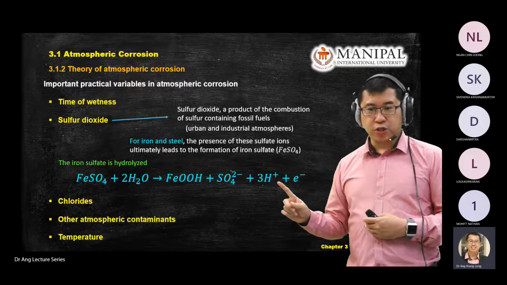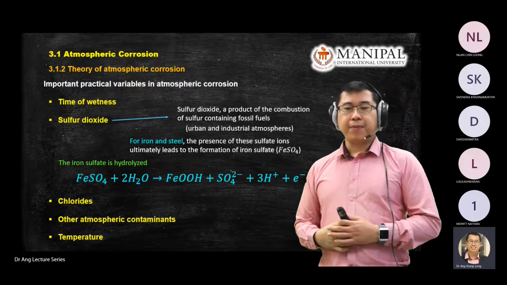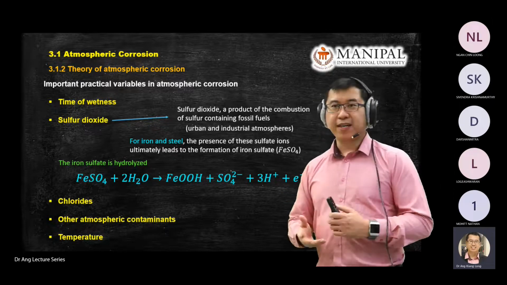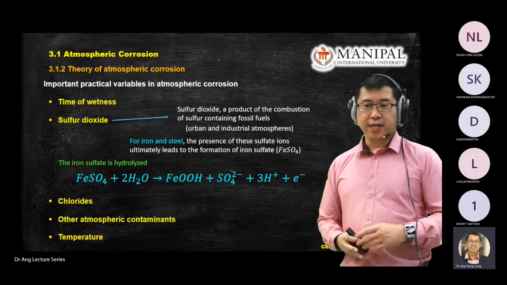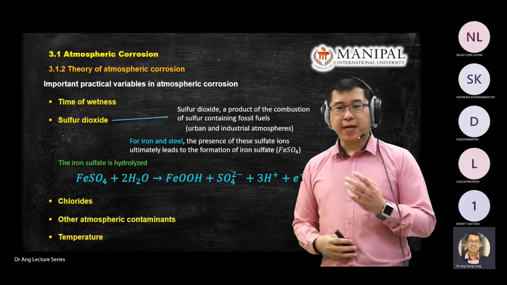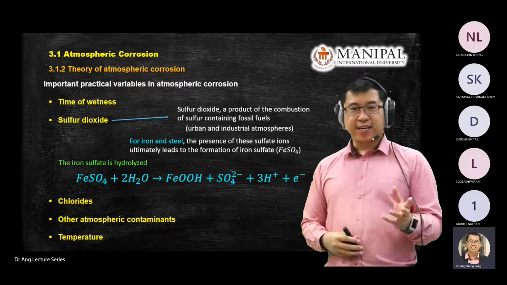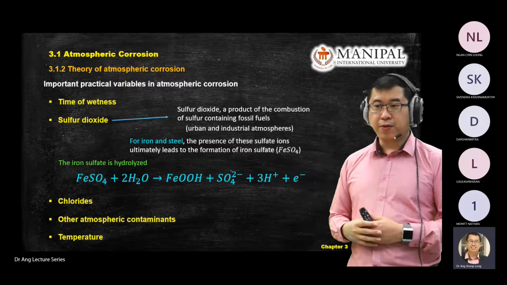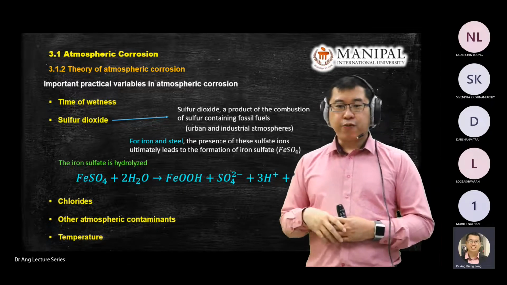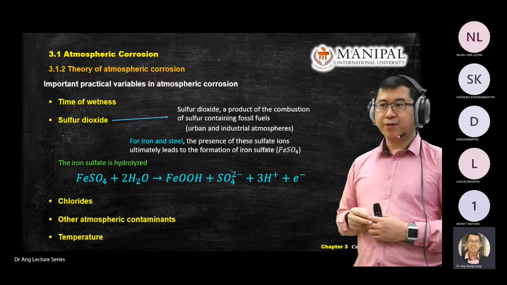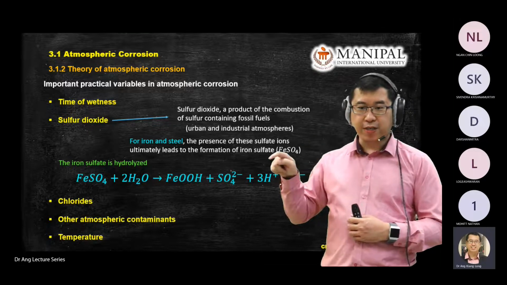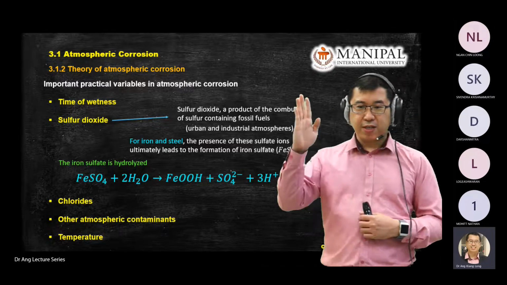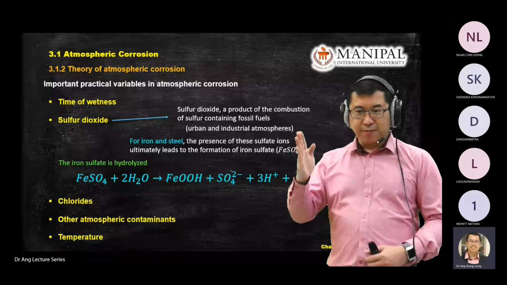Okay, then you have oxygen plus. What happens if you have oxygen plus? You recall back the definition of pH that you learned in your chemistry class. What is meant by pH? What is meant by acidic? What is meant by alkaline? So just a recall of what is meant by the pH value. pH value is influenced by 2 chemical charges. One is H positive, one is OH negative. Okay, let me draw the zone.